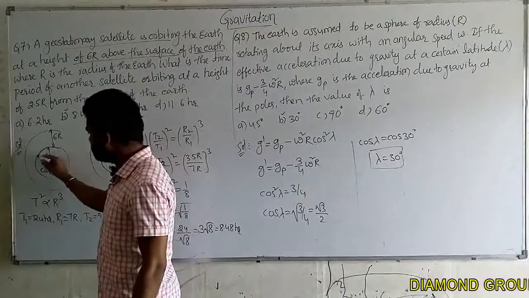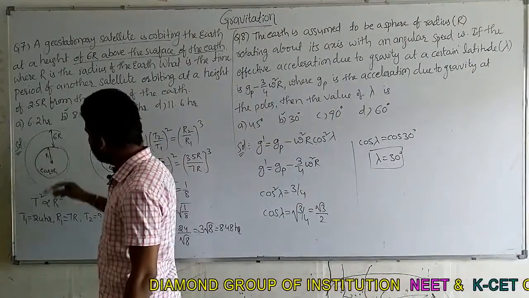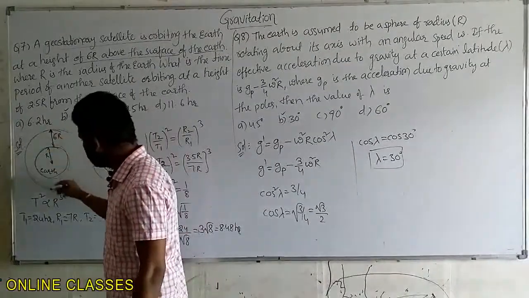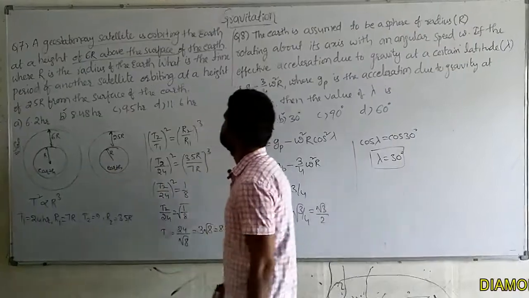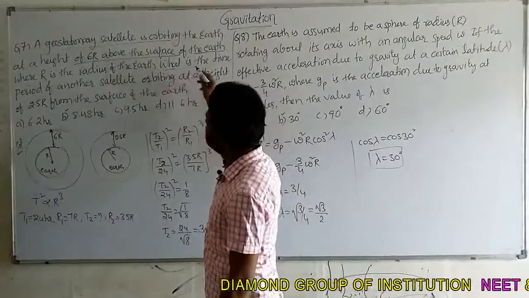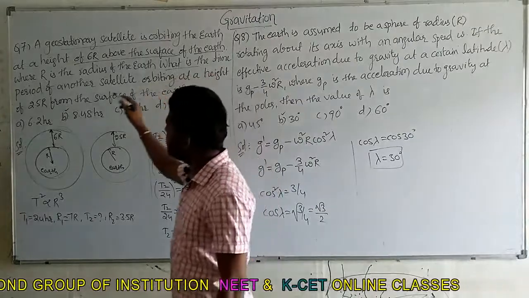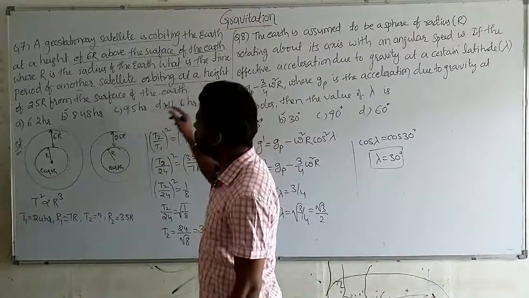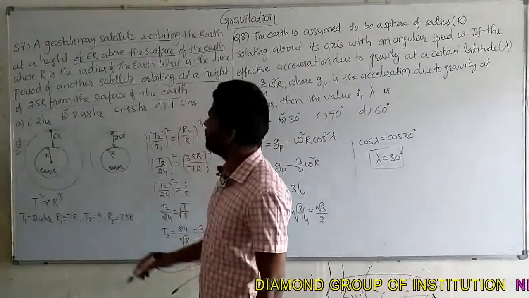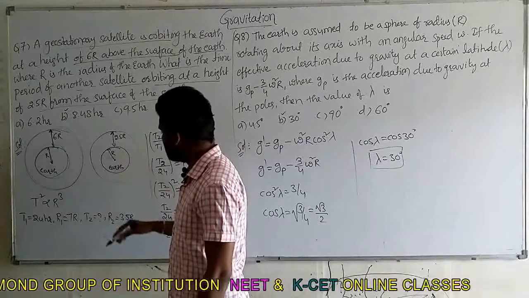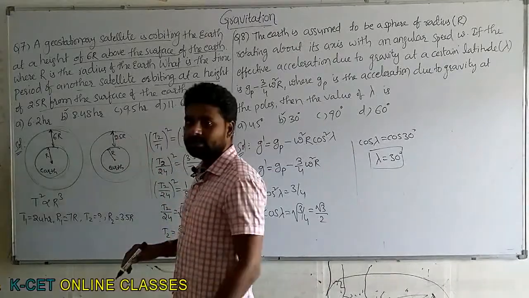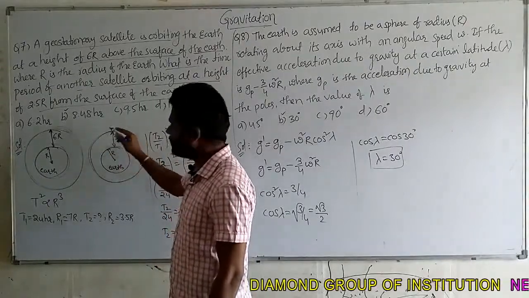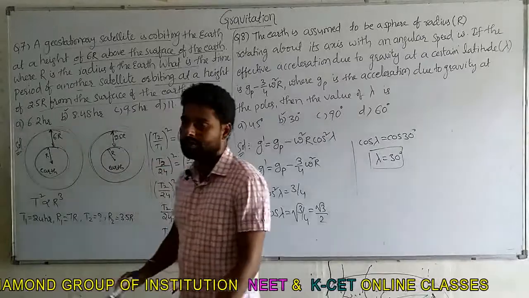Suppose this is the earth, and the radius of the earth is R. From the surface, at a height of 6R, this geostationary satellite is revolving. That is the first case. Next, what is the time period of another satellite orbiting at a height of 2.5R from the surface of the earth, where R is the radius? This is the earth, radius R, and from the surface one more satellite is revolving at a height of 2.5R. This 2.5R is from the surface of the earth. This 6R is also from the surface of the earth, not from the center.